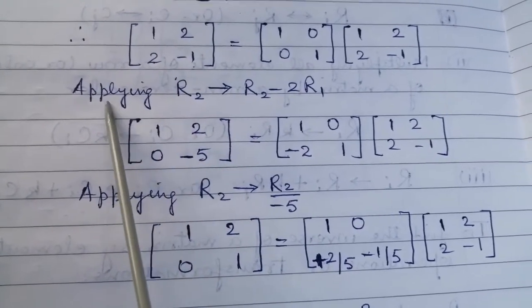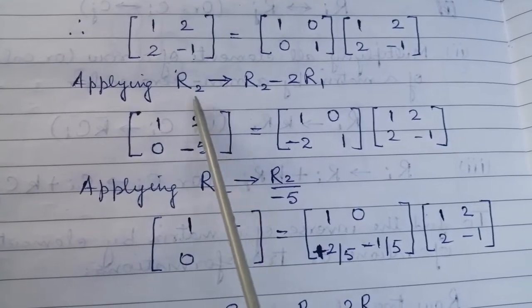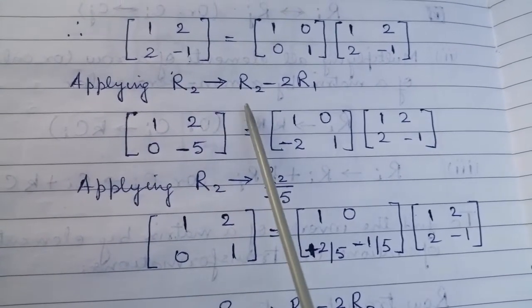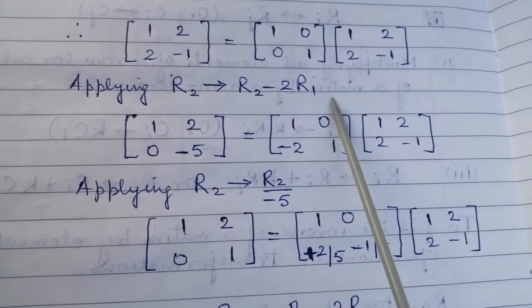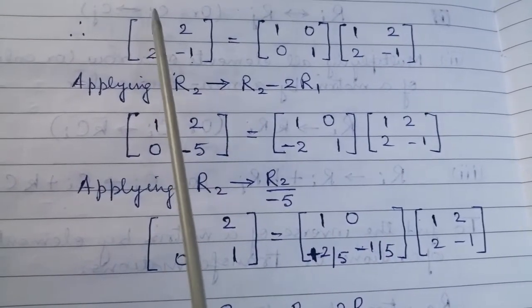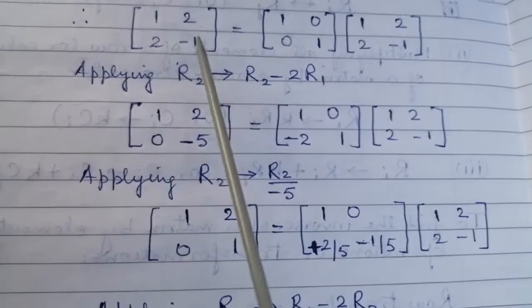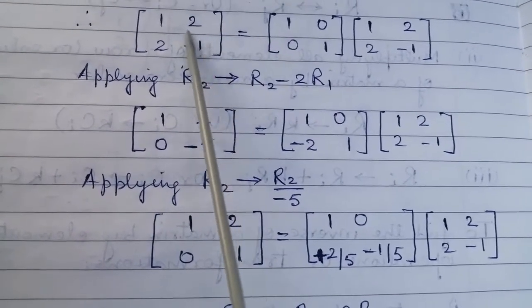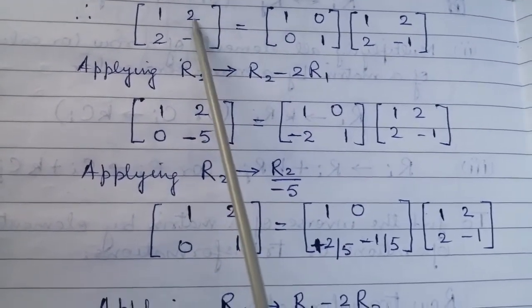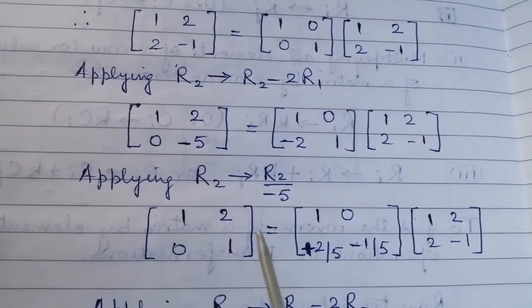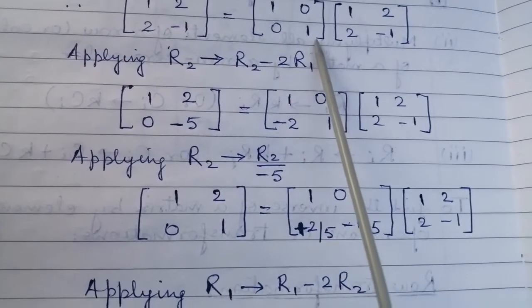So on the second row we are applying R2 becomes R2 minus 2R1. The first row will remain as it is, and 2 minus 2 will be 0, and minus 1, we have multiplied this by 2, so minus 1 minus 4 will be minus 5. The same operation you will apply on this matrix also.